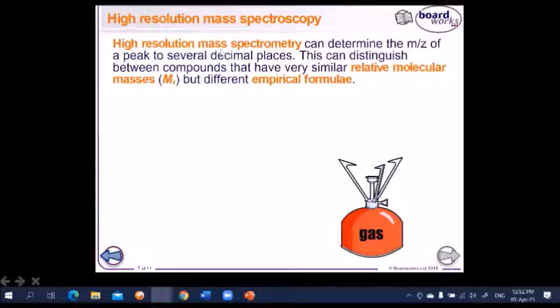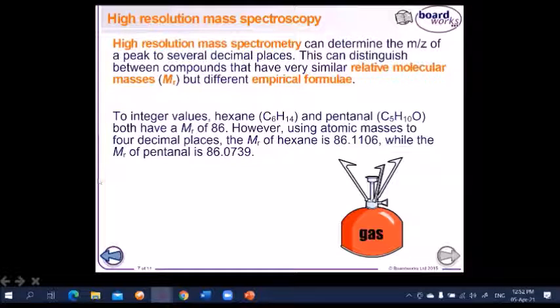Now, high resolution mass spectrometry can determine the m/z of a peak to several decimal places. So that can distinguish between compounds that have a very similar relative molecular mass, Mr, but different empirical formulas. For example, to integer values, hexane, C6H14, and pentanol, C5H10O, both have an Mr of 86.